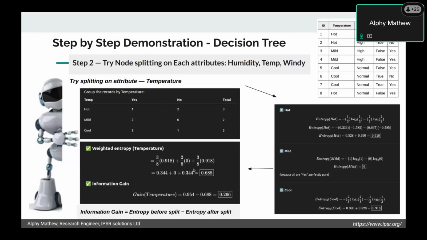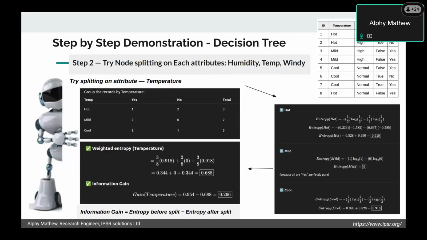So next we need to check whether splitting with the temperature column reduces the impurity, or splitting with the windy column, or splitting with the humidity column. We need to check these 3 scenarios. For that, we will find the information gain, IG, for each attribute. We will find the information gain for temperature and the information gain for humidity.